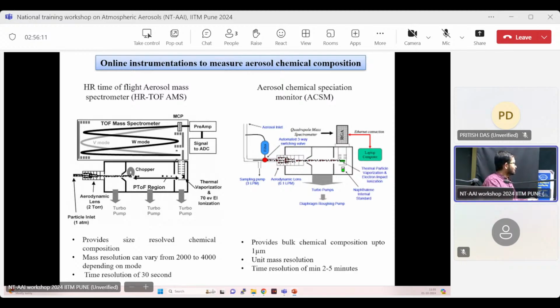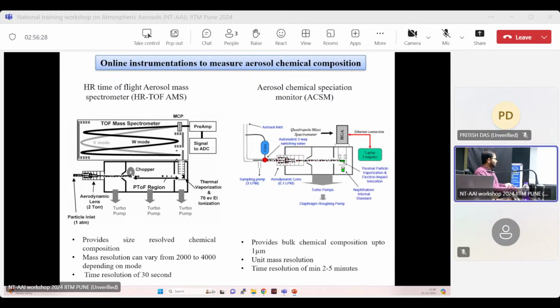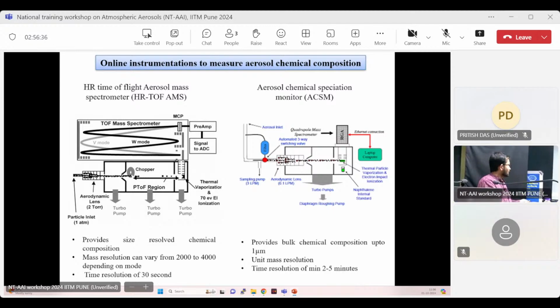There is a reason why we use the chopper: this region is the P-ToF region, which determines the size of aerosols. This length is always defined, and from here to here the length we know, so the time of flight can be calculated for each particle.